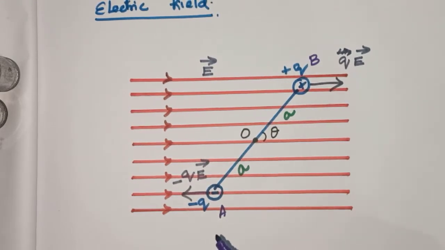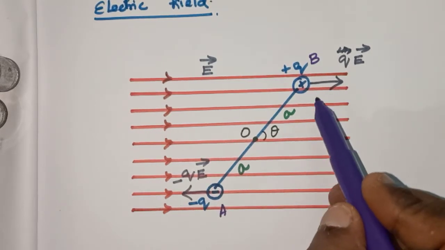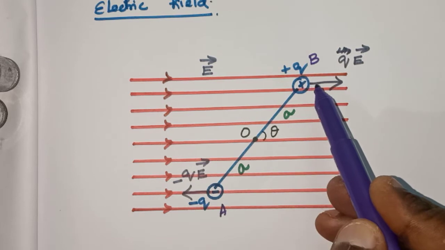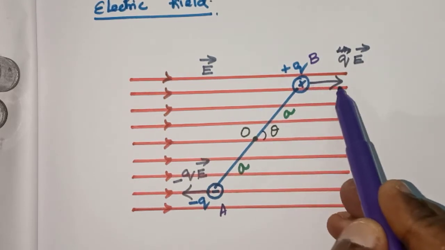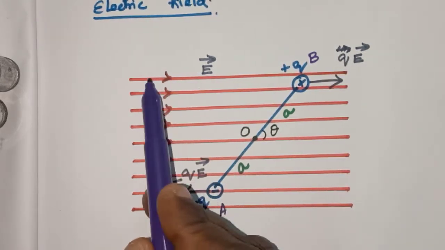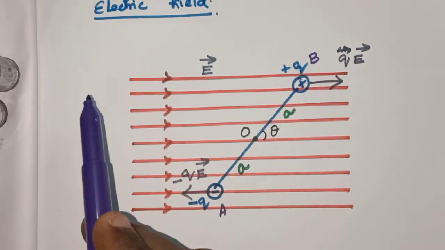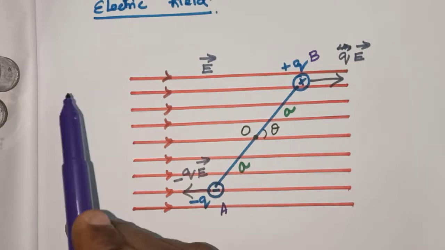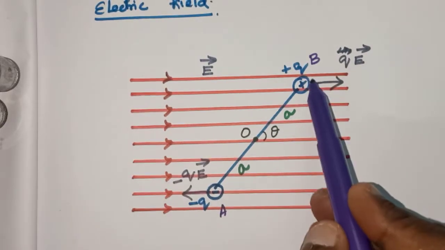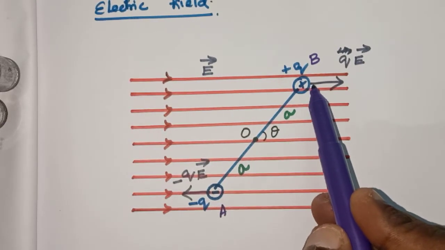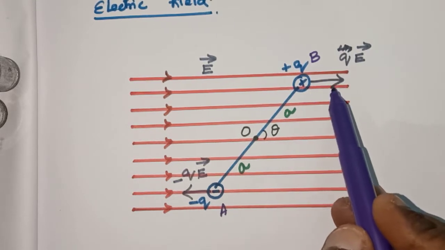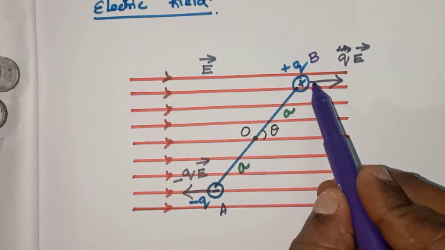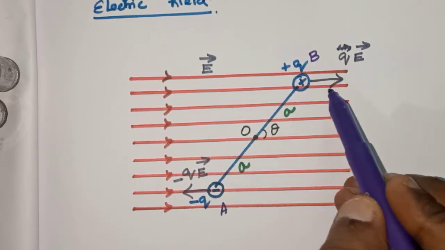Here, see this positive charge. It experiences a force along the electric field, because the field lines come from some other positive charge at different positions. So the direction is this.